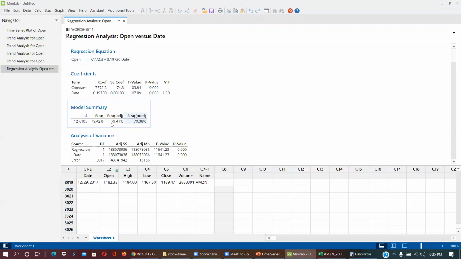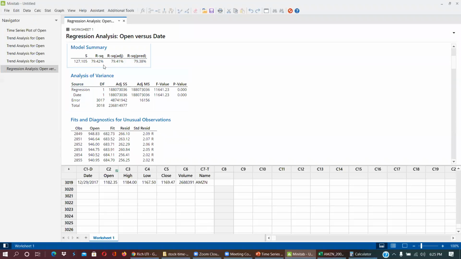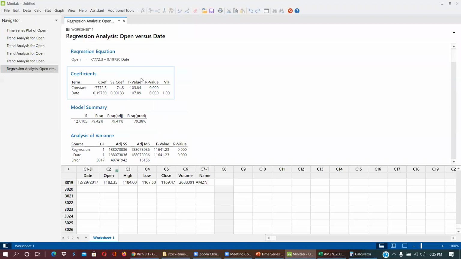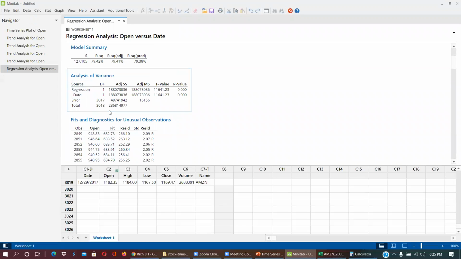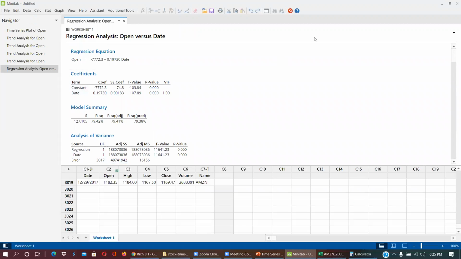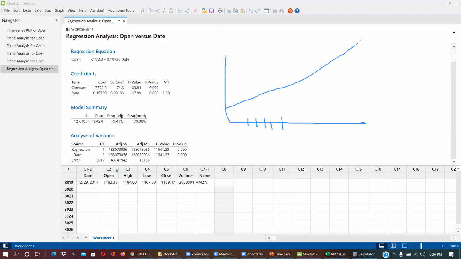So here, open, this is a model, and here you can see, for example, R square is 74, 73, whatever. So it is based on date. This has been a regression model. Let's say I'm going to plot a regression model. Let's say this is date. These are date elements, and the open starts like this, goes like this. So this is the intercept again, and the slope is like this, and it will have a regression value.